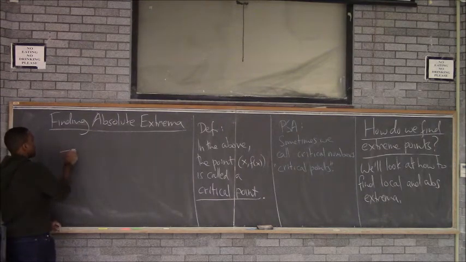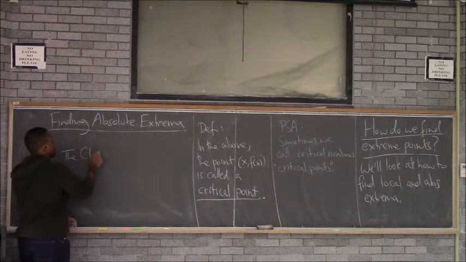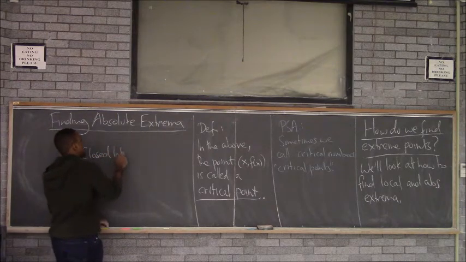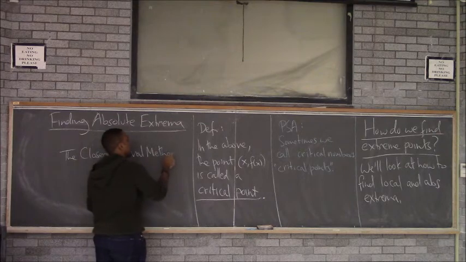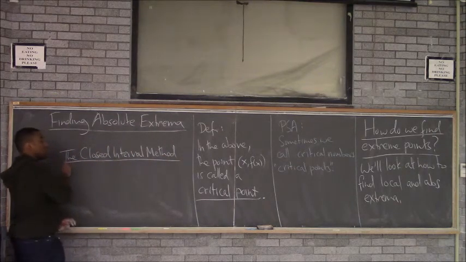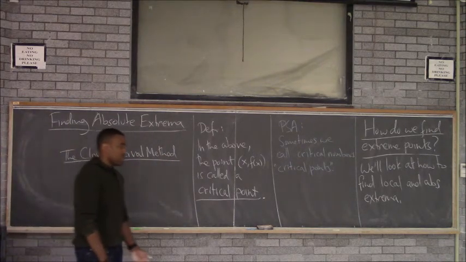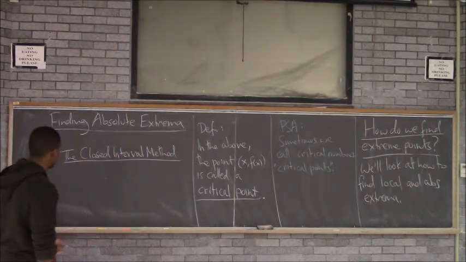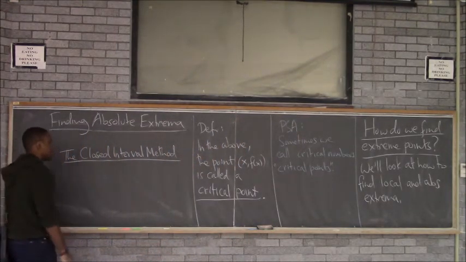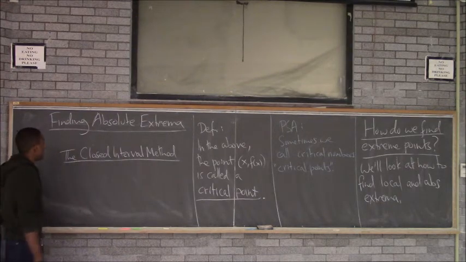There's a method called the closed interval method, so called because it works only on closed intervals. We know from the extreme value theorem that once we have a closed interval and we have a continuous function on that interval, that function will have absolute extrema.